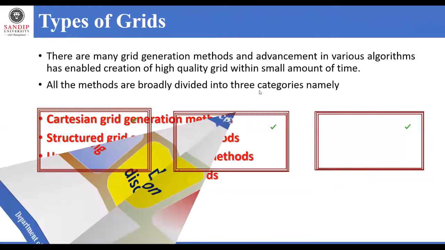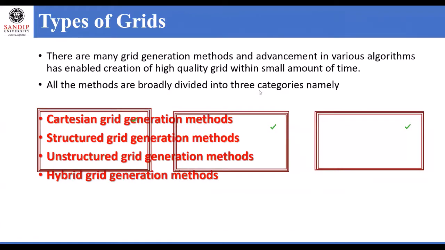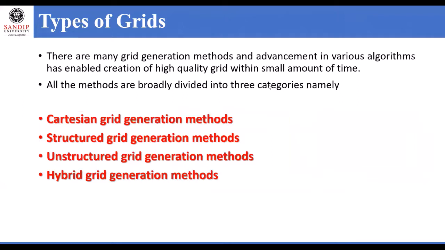So what exactly are the types of grids we have? As far as the types of grids are concerned, there are many grid generation methods available, as we have discussed in the earlier sessions, like using a polynomial method or a finite difference method.